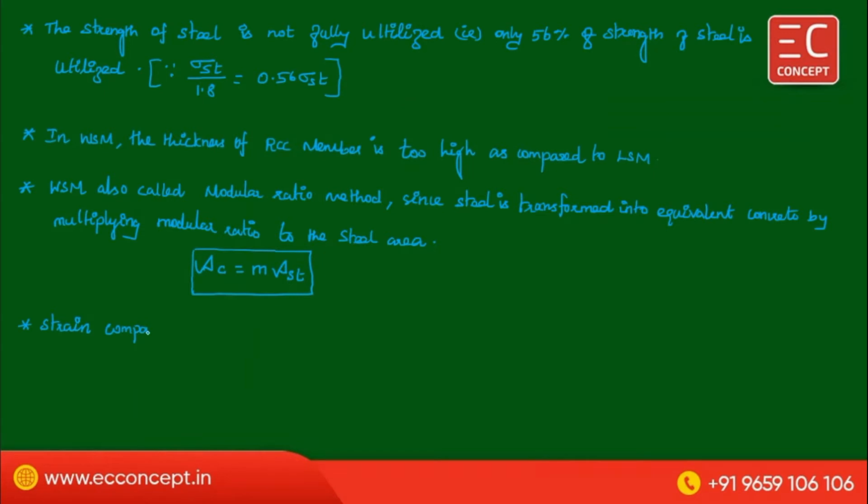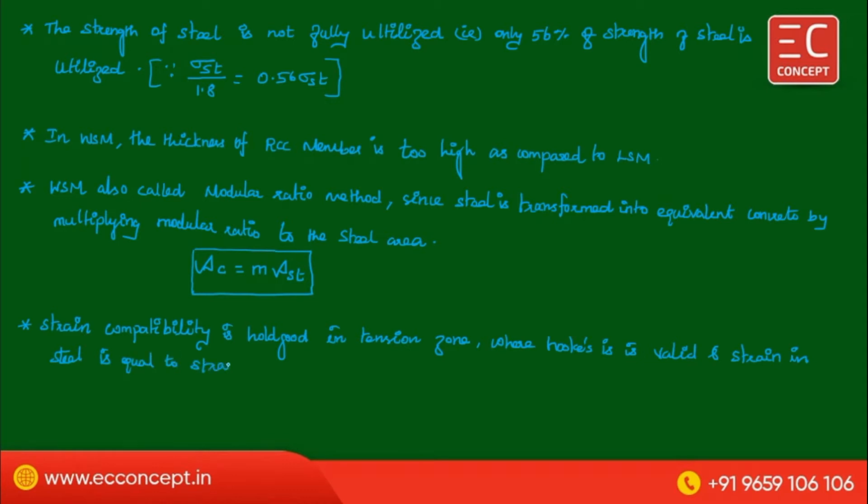Strain compatibility holds in the tension zone, where Hooke's law is valid and the strain in steel is equal to the strain in concrete surrounding this steel.